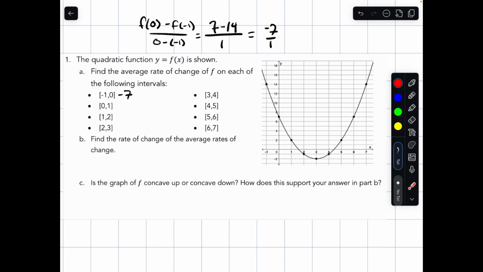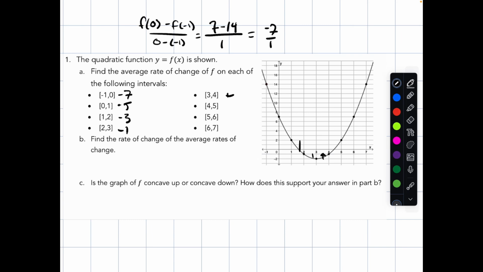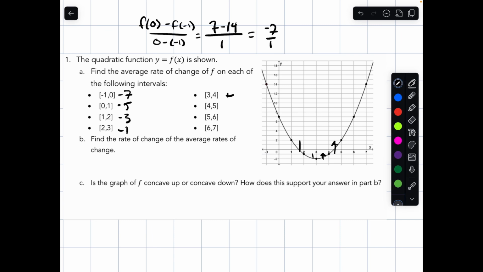So I go down from 7 to 2, that would be minus 5. 2 to 1, you can see I go down 3. 1 to 0, you can see I go down 1. Then I start going up 1. Up 3. Up 5. And then lastly, up 7.